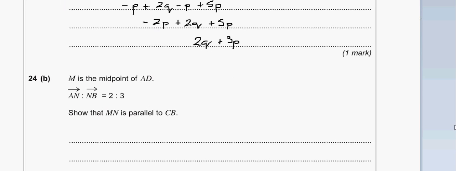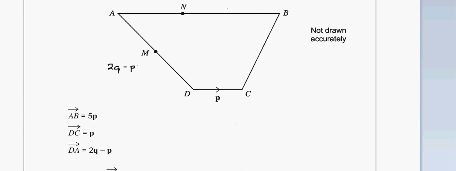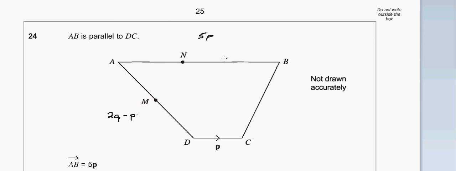So the next part of the question, M is the midpoint of AD, and ANB is a ratio of 2 to 3. Okay, so here A to B is 5p, A to N is 2 to 3 in relationship.